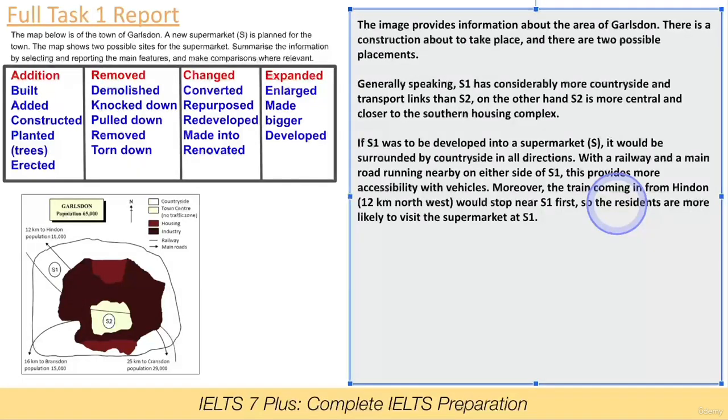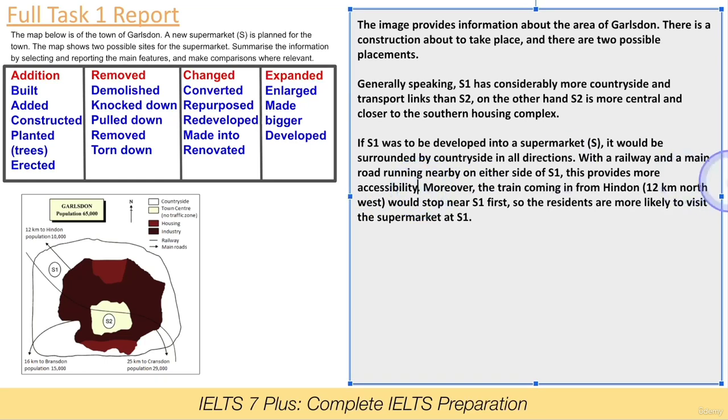If S1 was to be developed into a supermarket, it would be surrounded by countryside in all directions, with a railway and a main road running nearby on either side of S1. This provides more accessibility with vehicles. Or we could say perhaps more vehicle accessibility.